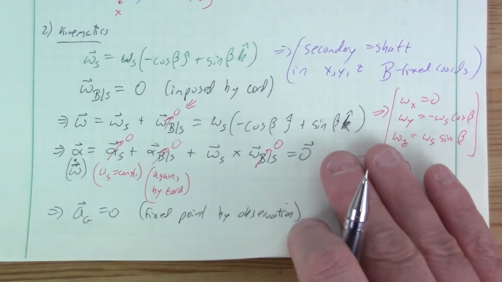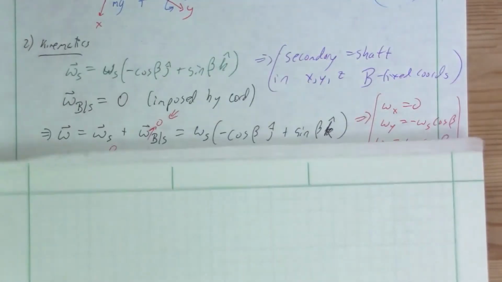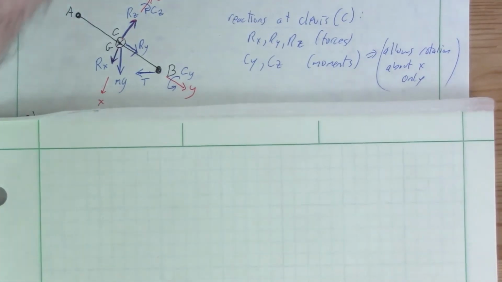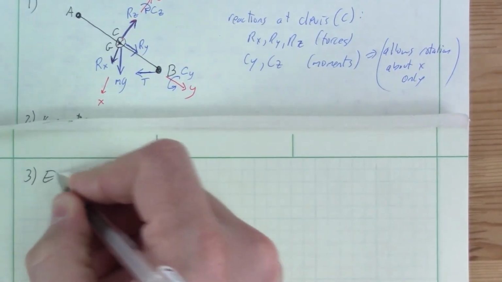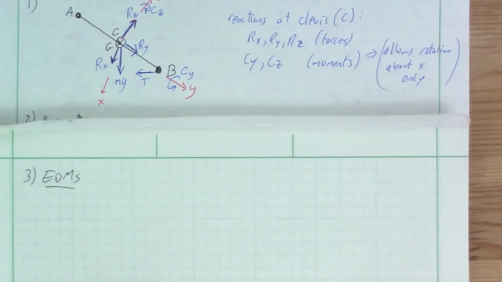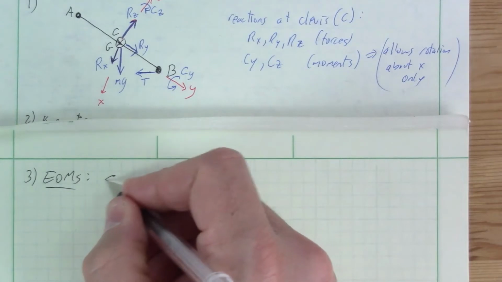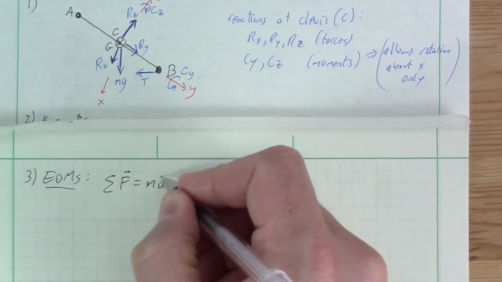Okay, so now we're moving into the equations of motion. Going to keep our work handy here from the first page, especially that free body diagram. Let's write all of them out. We always start with our translational version. Sum of the forces equals the mass times the acceleration of g.